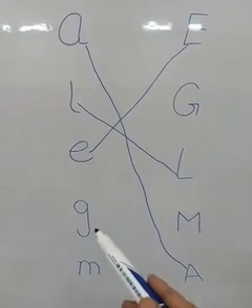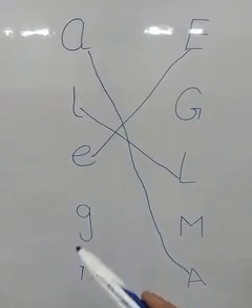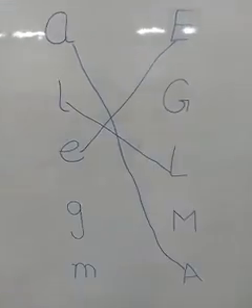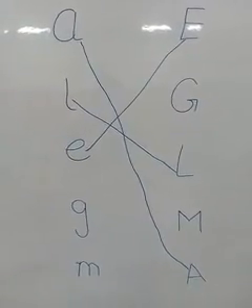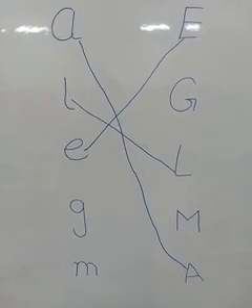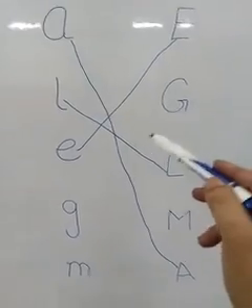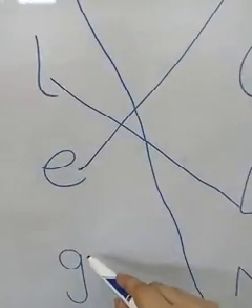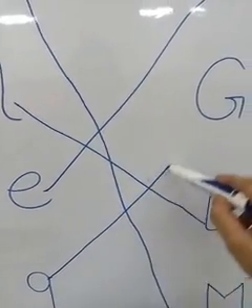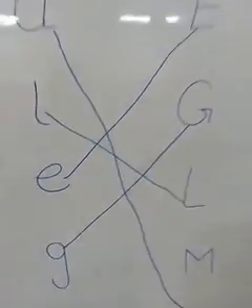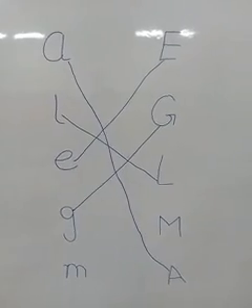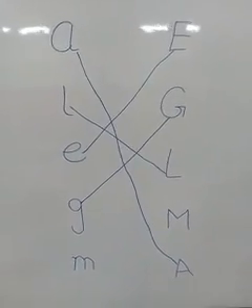And here we have G. Yes, it's G. And where's the capital G? Yes, here we have the capital one. So this is capital G. Which is left?